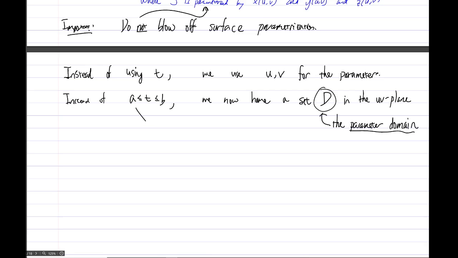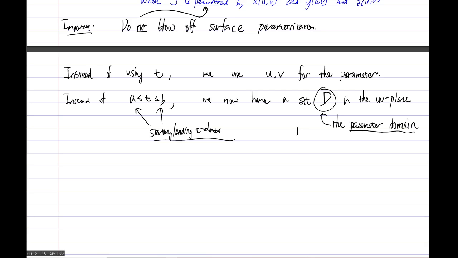Okay, so in the past we just called a and b the endpoints, or the starting and ending t values. And we used informal language like that, and we didn't have to do much because when you just have one variable, all you have to do is say what constant you start at and what constant you end at.